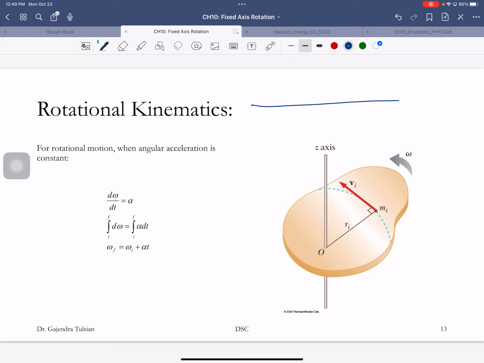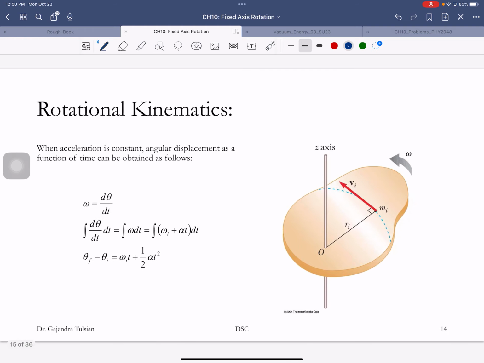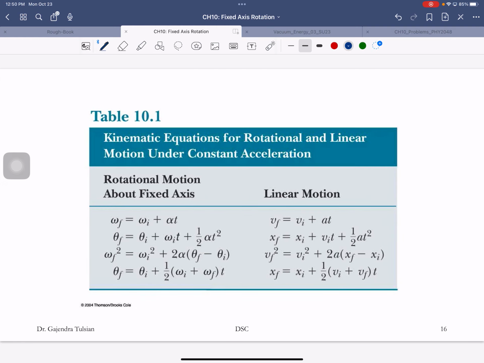All right, so for linear motion, when the acceleration of the object was constant, we had these equations.